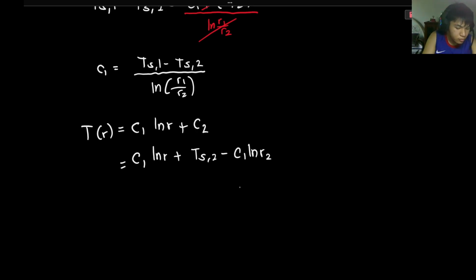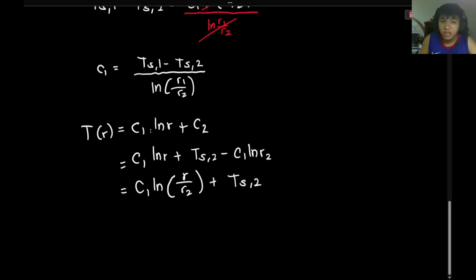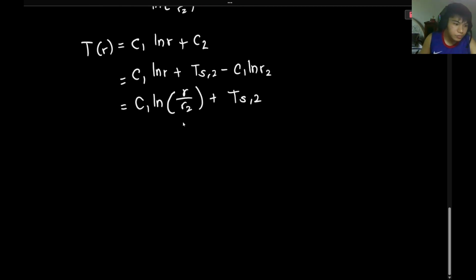So, simplify natin further. So we have C1. And now, again, we have a difference in sa ating logarithms, right? Since it's both a factor of C1, so we will have ln of R over R2. And we have plus TS2. Ayan. And now we have another C1. So ngayon, i-substitute na natin yung C1 na nandito.